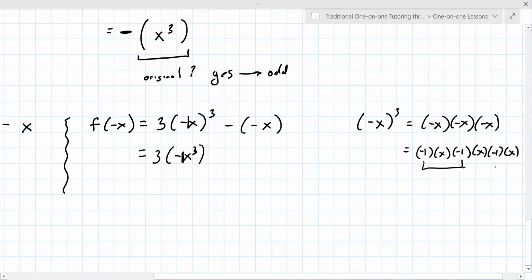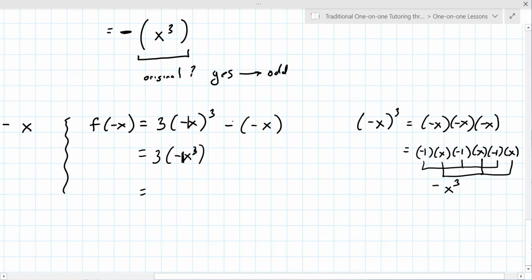That negative times that negative times that negative makes negative. And then that x with that middle x with that last x makes x cubed. And then you're multiplying by 3. We'll do that in the next step.